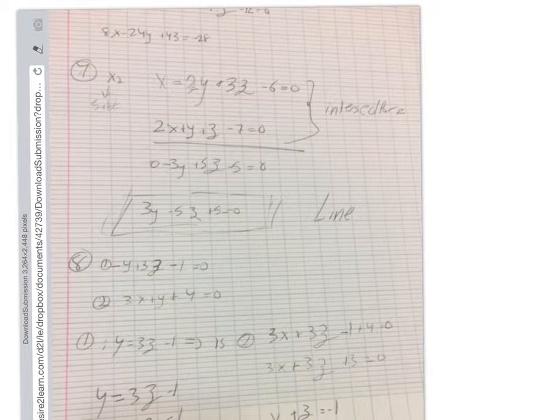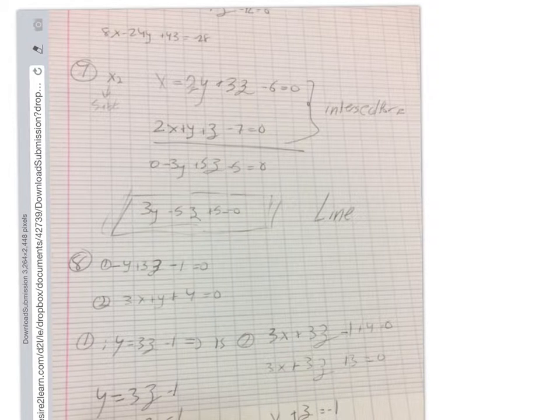So for question 7, you're being asked to find the intersection of these two planes. And I can see that you've lined them up here to subtract them. I'm not clear on the work that you're doing in order to do that.